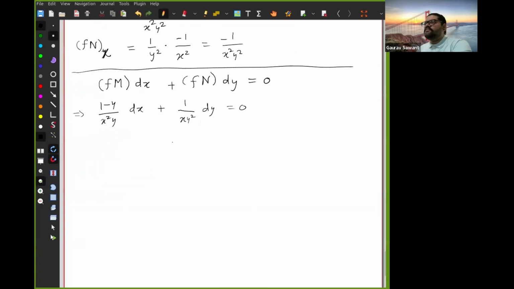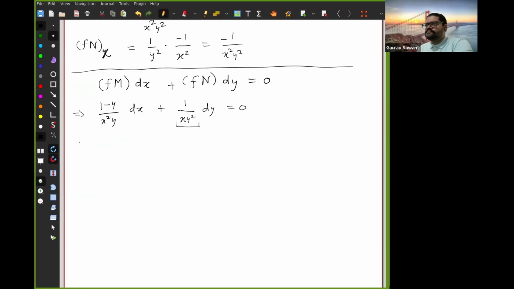So this time, let me use the function n, integrate with respect to y, and then later on take the derivative with respect to x and equate it with the m function.